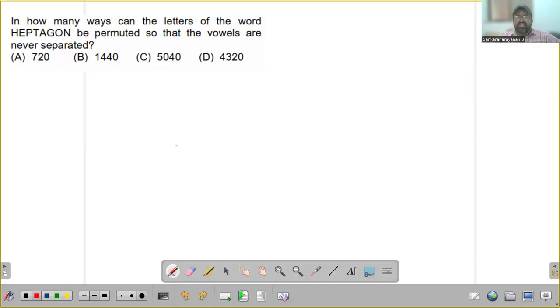So let us consider this word heptagon, H-E-P-T-A-G-O-N. We can see that the vowels are E, A, and then this O. H, P, T, G, N. None of the letters are repeating.